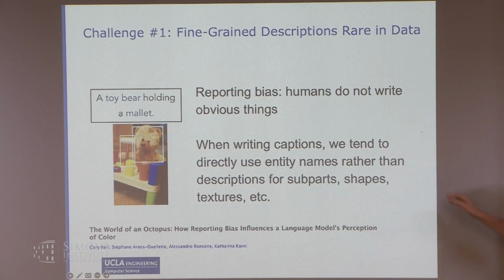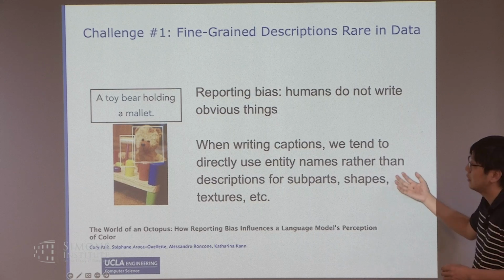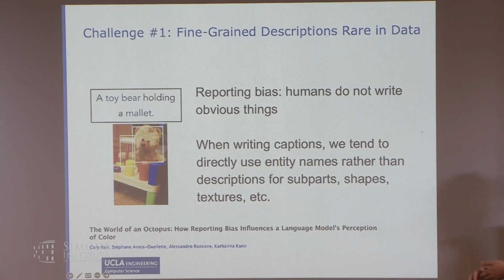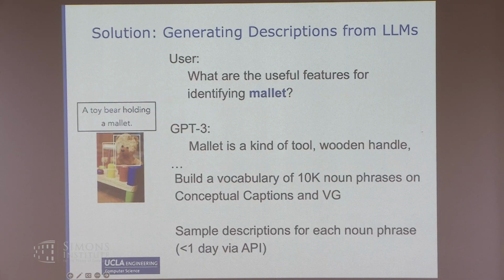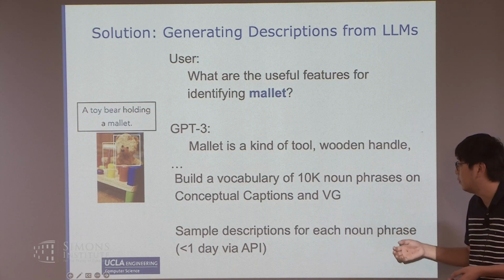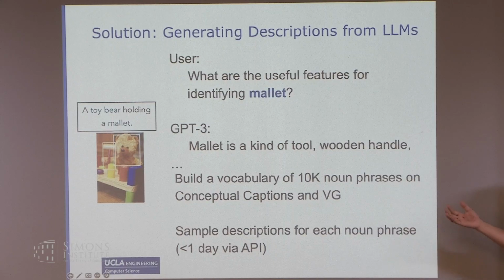But this one is relatively easy to resolve, because you can easily go to Wikipedia, or use ChatGPT to generate a bunch of data, and then you train on those data. So following that recipe, we built a data set with about 10,000 phrases with descriptions, and then used that to fine-tune the model.